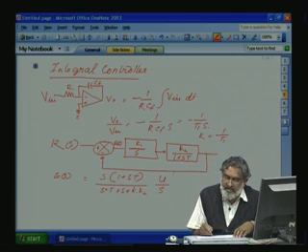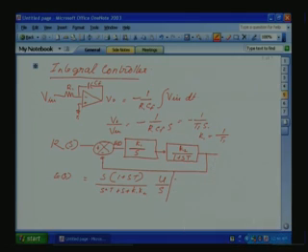Now, again steady state error. Limit S tending to 0, S Es, okay, will be equal to, here if you see, numerator S square into 1 plus S tau, then denominator will be tau S square plus S plus K1 K2, and the U by S. So, this S goes, in the denominator there is always an S. So, S tending to 0, steady state error will be 0 here.